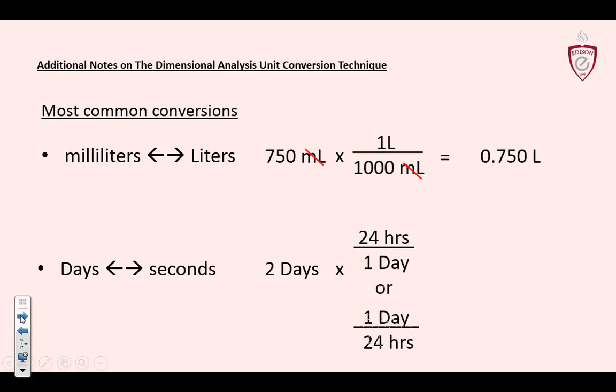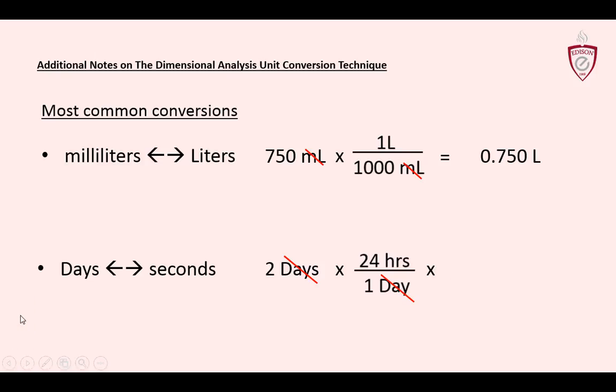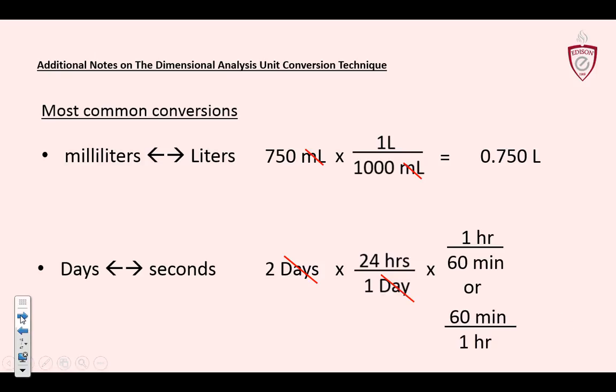So we choose the top equality. Then we want to go from hours to minutes. We've got hours, we've got to go to the next step. We want minutes to be in the numerator and hours to be in the denominator because we've got to cancel the unit hour. So then the unit hours cancels.